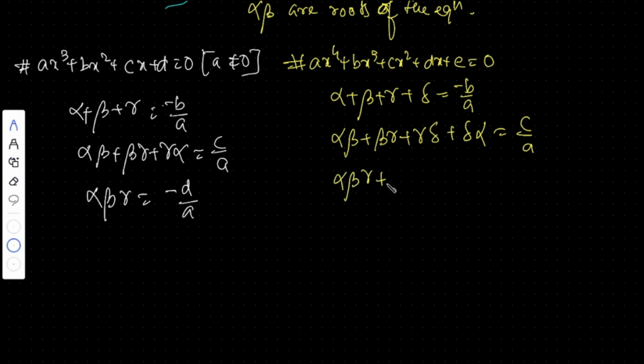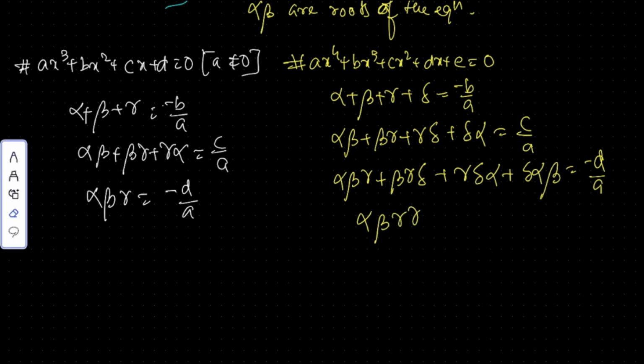Alpha beta gamma plus beta gamma delta plus gamma delta alpha plus delta alpha beta equals minus d by a. And lastly, alpha beta gamma delta equals e by a. Just see here, minus plus minus plus, it always goes in this way.